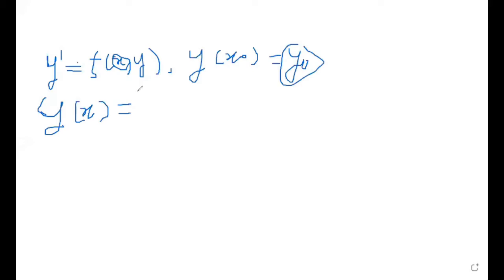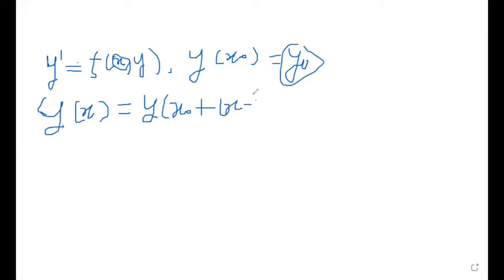Basically we should convert this y at x into y at x naught, so that things would be somehow known initially. So I add x naught and subtract x naught, and in that case there is no harm in doing that.